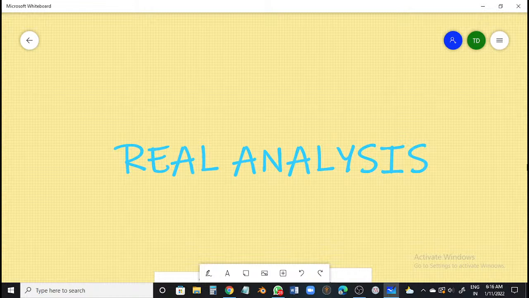If the sequence S converges to L, and sequence T converges to M, then S minus T converges to L minus M. In the same way, we have shown that S square converges to L square. The sequence of squares of the respective terms converges to the square of the limit.